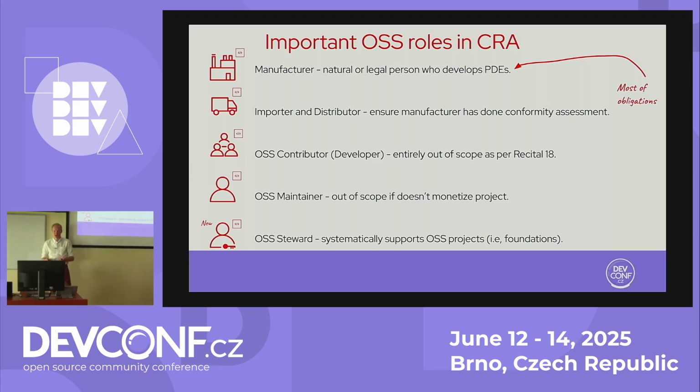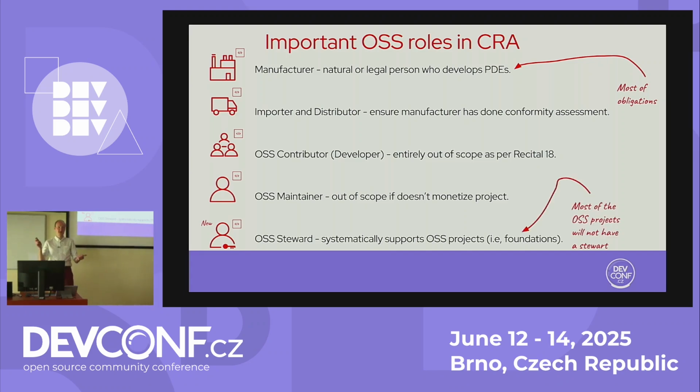There is no surprise that most of the obligations under CRA actually go to manufacturers. That is kind of expected. There are some obligations for importers or distributors, mainly to make sure that manufacturers do their job right. Open source stewards have a so-called light touch regulatory regime, and are mainly responsible for notifying authorities about actively exploited vulnerabilities.